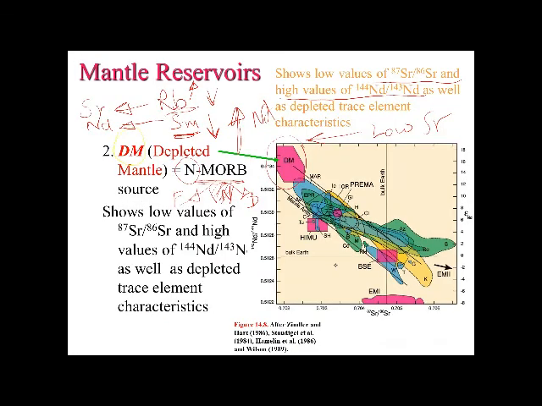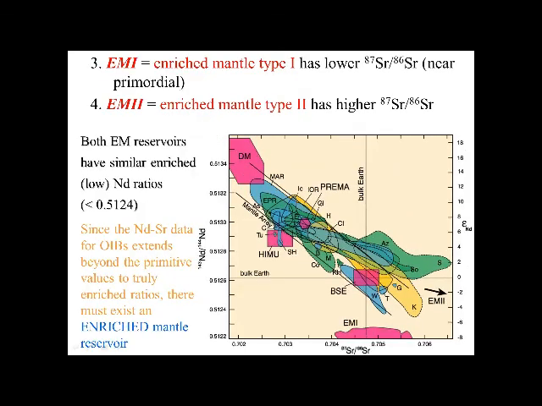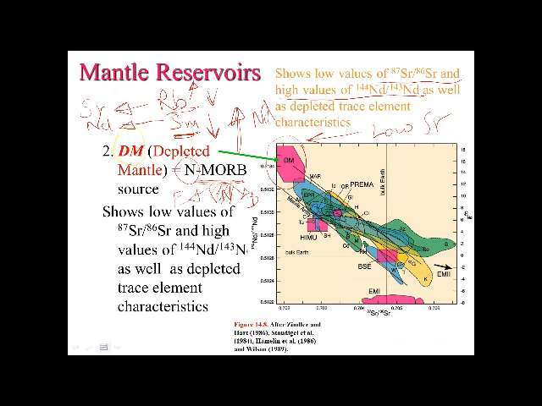Anyway, the depleted mantle here is directly complementary to the normal MOB. So that means if you take the normal MOB composition somewhere here, if you melt this mantle sample, you will end up with the depleted mantle as the residue and MOB as the product of the melt.